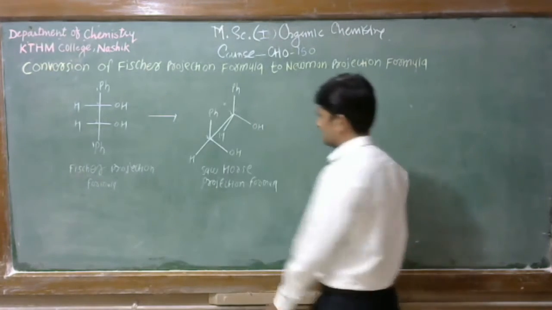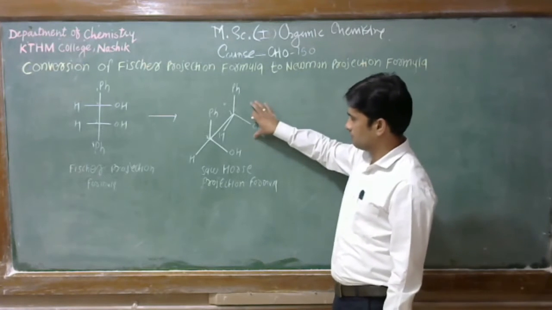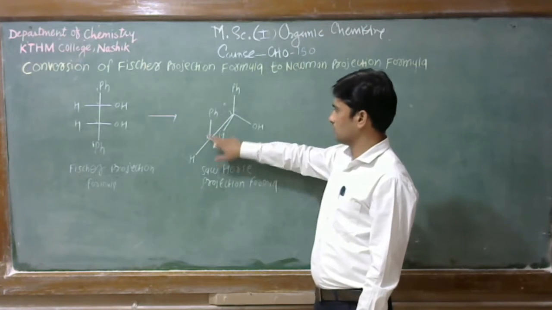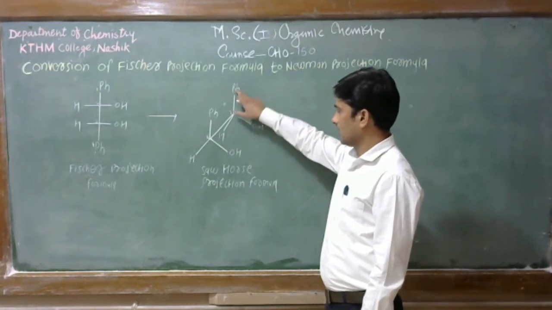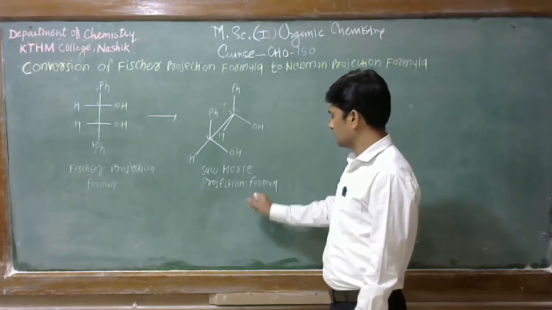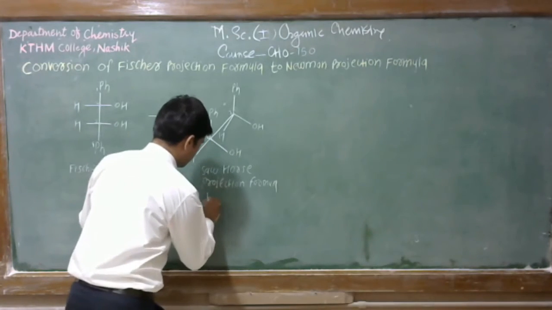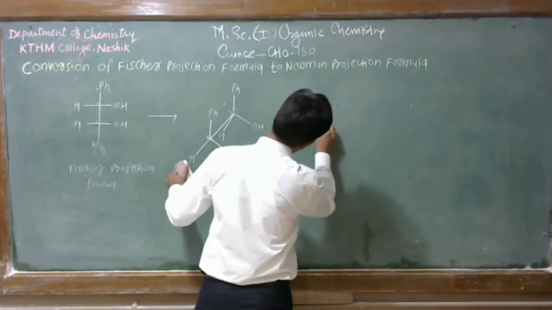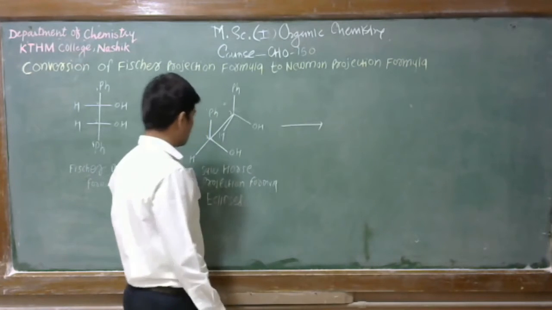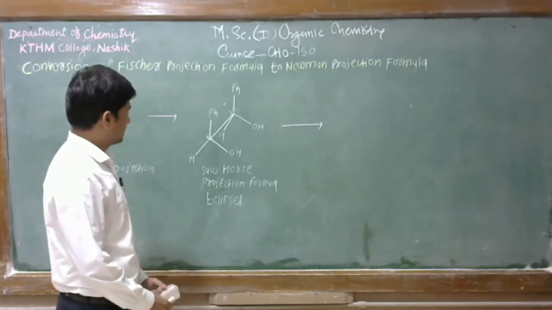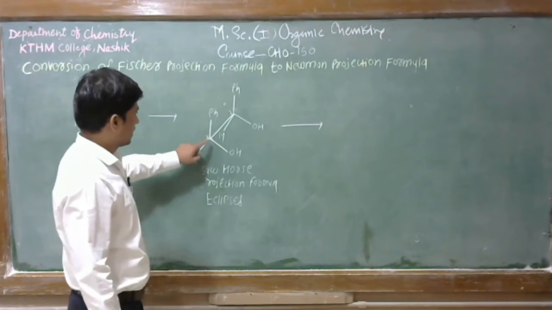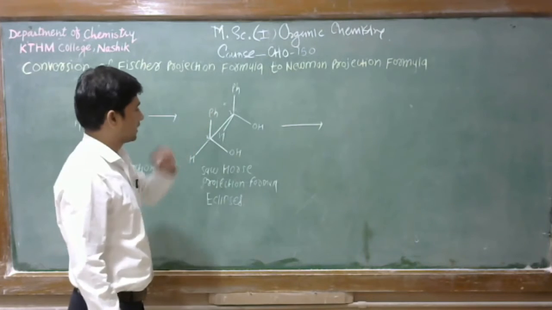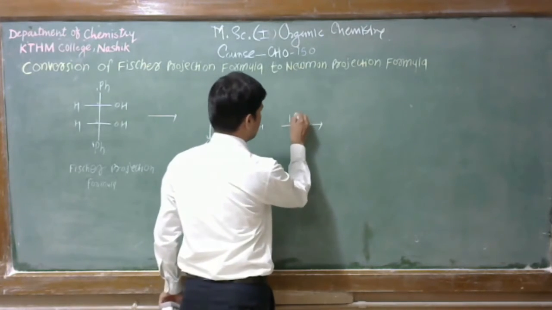Now, see, this is eclipsed form because the phenyl group on carbon number 2 and the phenyl group on carbon number 3 have a dihedral angle of 0, therefore this is eclipsed form. It must be converted into the staggered form, and therefore it is necessary to rotate the carbon-carbon single bond of carbon number 2 and carbon number 3 by 180 degrees.